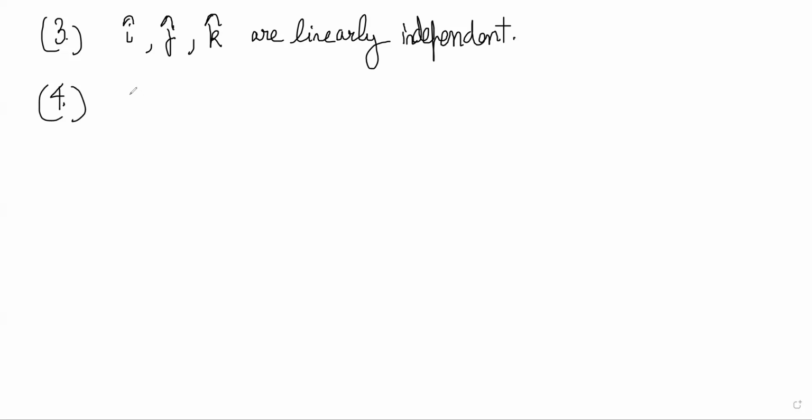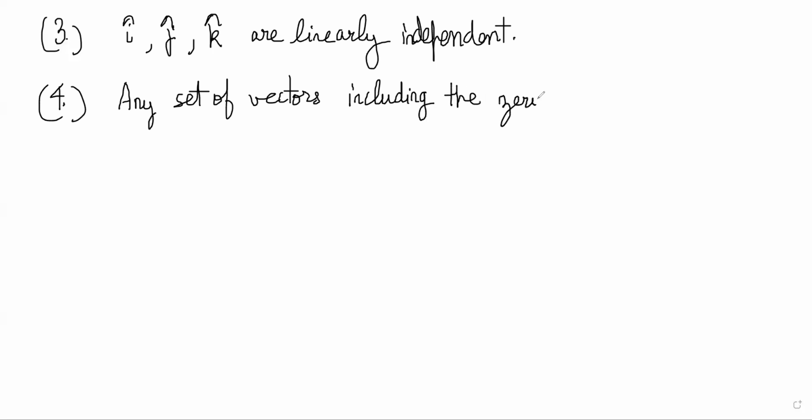Then any set of vectors including the 0 vector, any set of vectors which has the 0 vector is always linearly dependent.